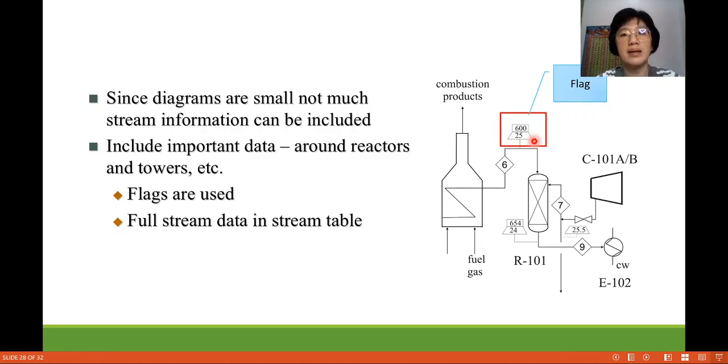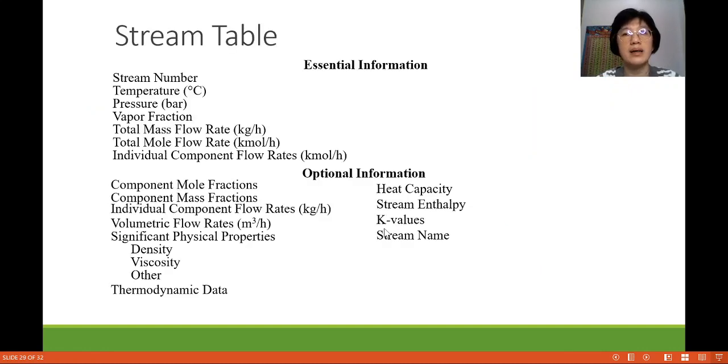Okay. And other than the process flow diagram, it must always come with this stream table to include the important stream information. So the essential information in the stream table include, of course, stream number. Based on the stream number we have the temperature, pressure, vapor fraction, total mass flow rate, total mole flow rate, and also the individual component flow rate for that particular stream.